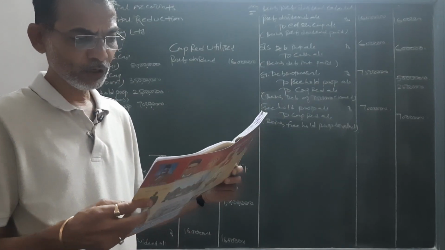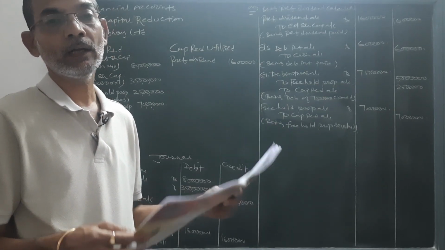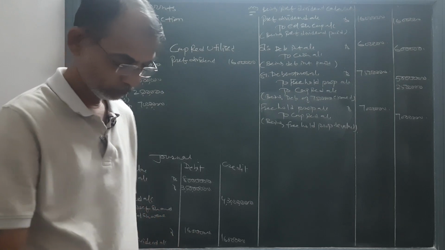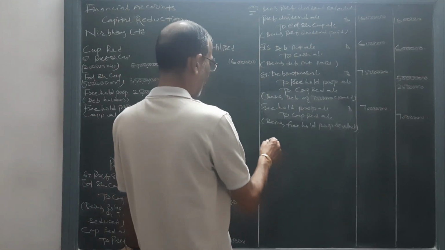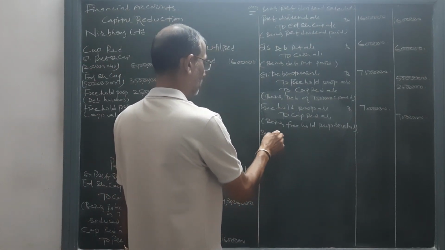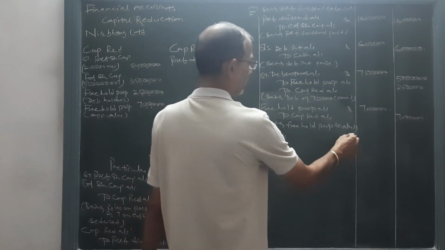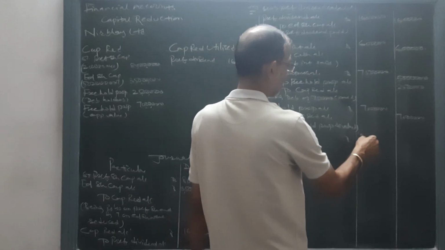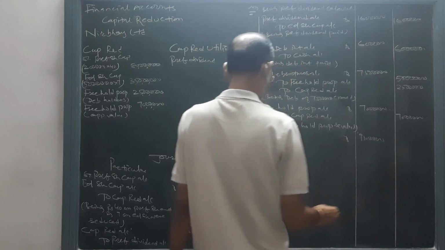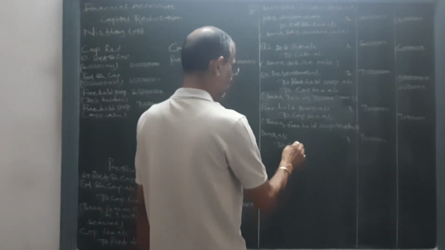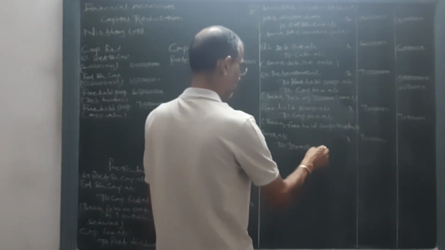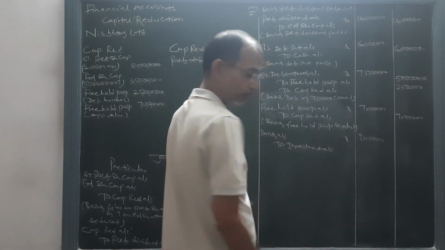Then after, investments were sold at 91 lakh. So bank account debit 91 lakh to investment account.